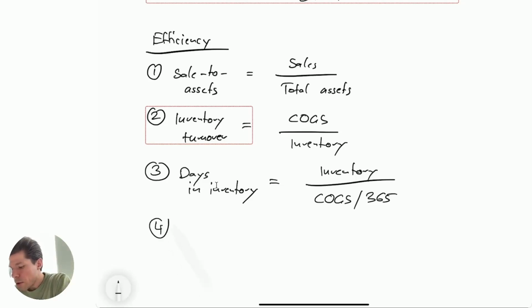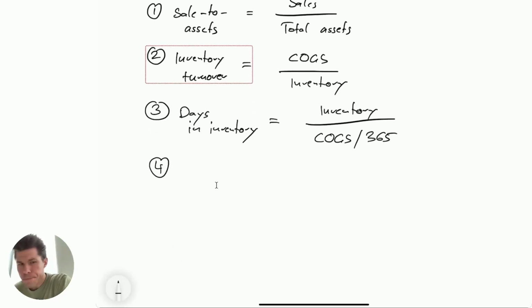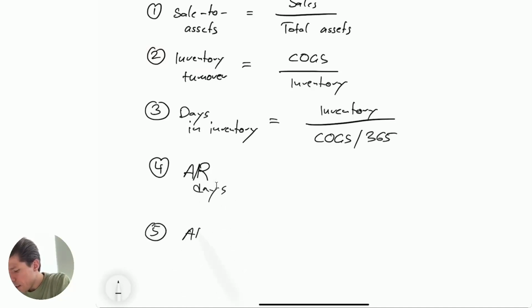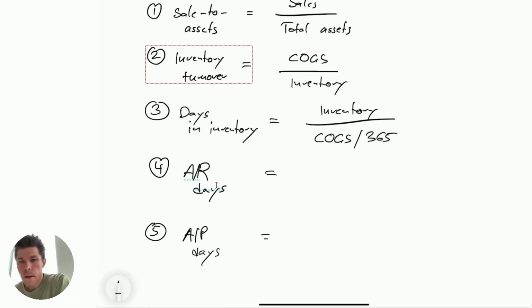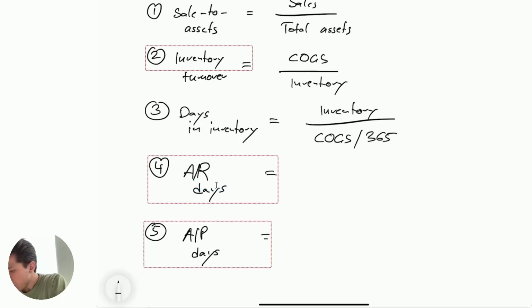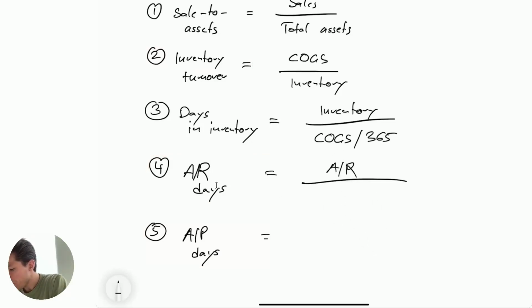Then 4, again, also part of the cash conversion cycle, accounts receivable days. And then 5 is accounts payable days. And here quite similar, but here we're not taking in inventory, we're taking accounts receivables. And very important here, you're not taking cost of goods sold because accounts receivables are created when you sell your product or service on credit.